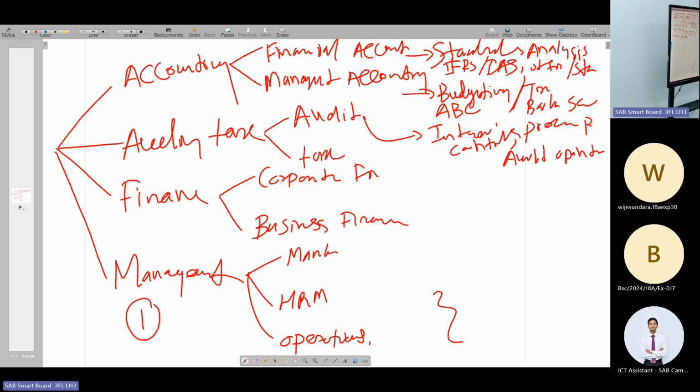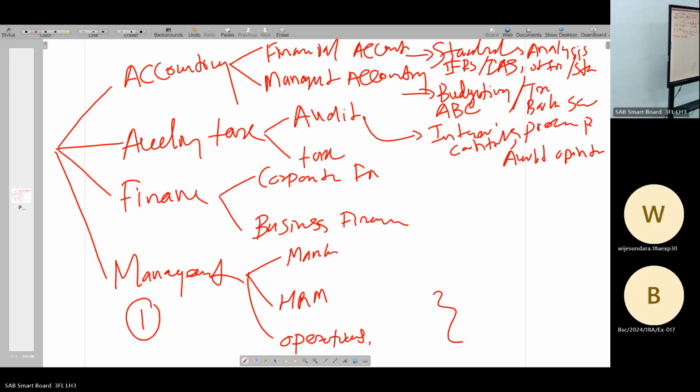Financing the corporations. So then, under management, under marketing, what may be the areas? Digital marketing. What else? Branding, positioning. What else? Target marketing. What else?